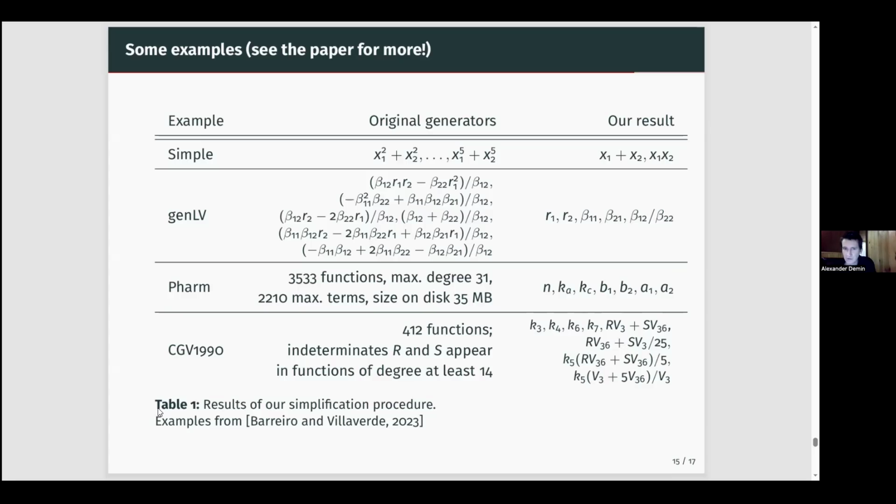Also note that in the original generating set, R1 and R2 always appear together. So there is no function where those are separated. Like for example, here R1 and R2 both appear in the function. But in our result, we have deduced that these both belong to the field.